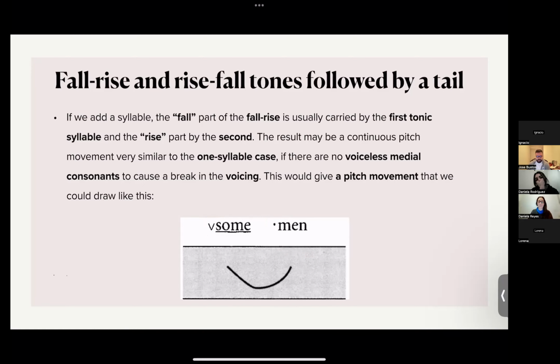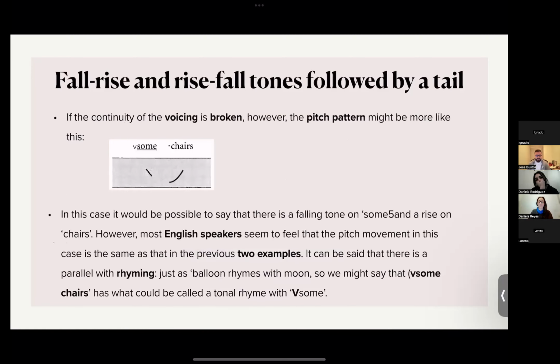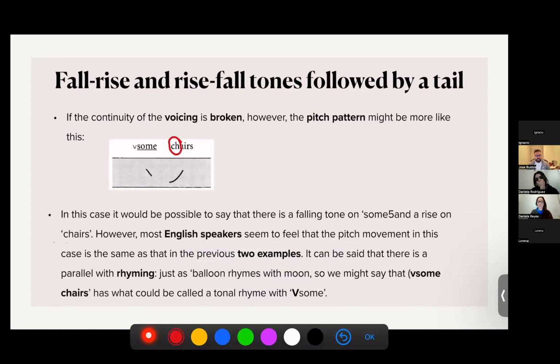Well, just another example. For example, in the case of this one, is that voiced or voiceless? Voiceless. Okay, so if you see this illustration, it's broken.